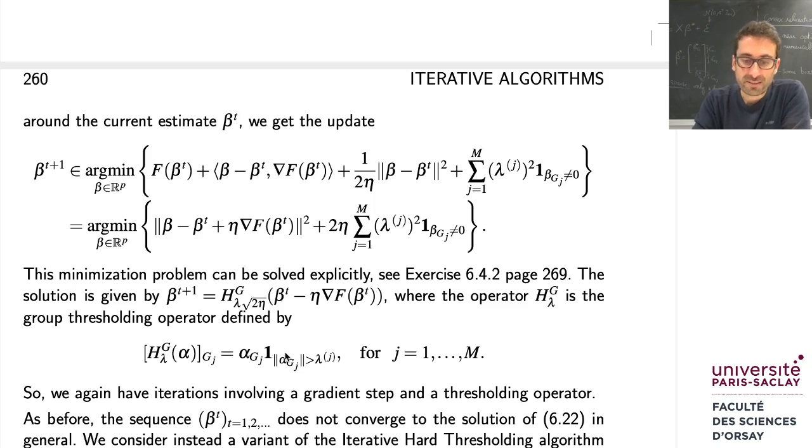So we obtain that the group thresholding operator here will give me the solution to this minimization problem. So again, I apply it to the gradient step here.